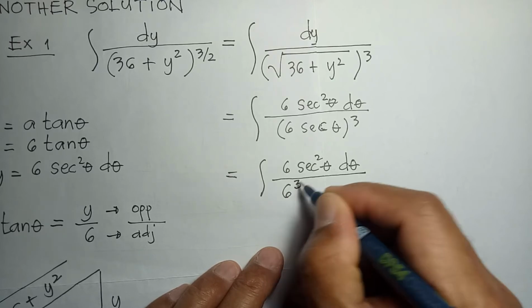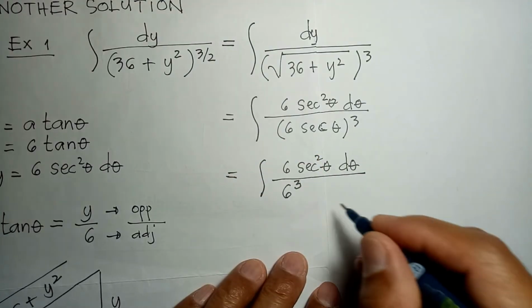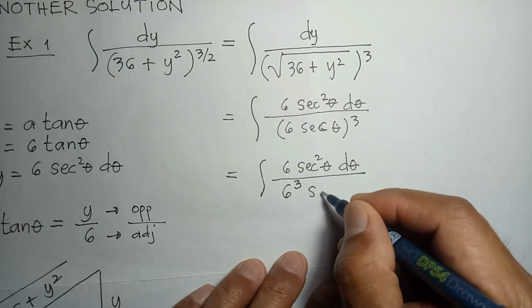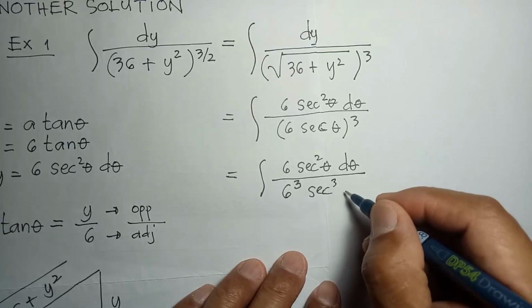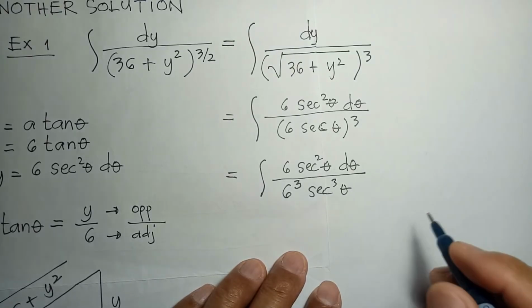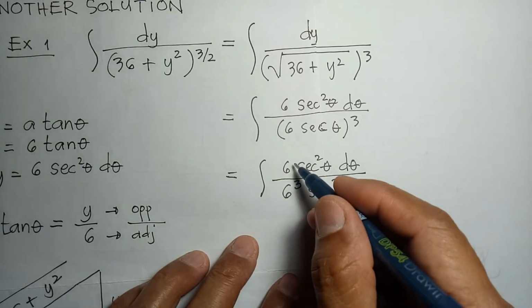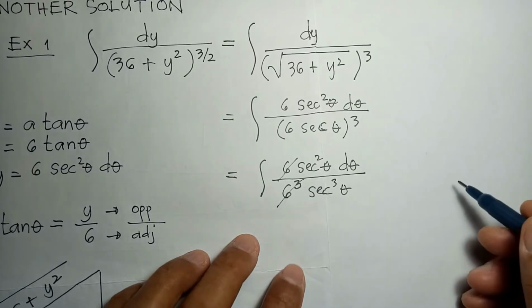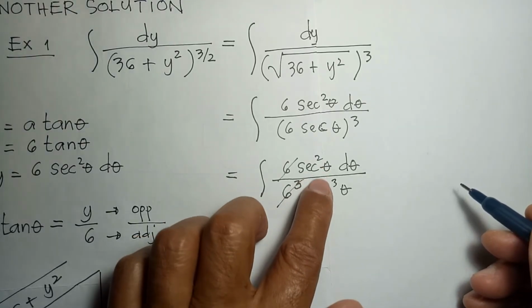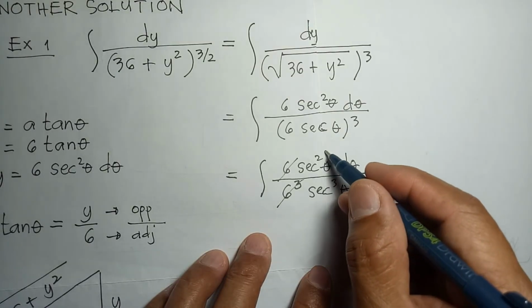Secant raised to 3. So, magkakaroon tayo ng secant cube of theta. Okay, so cancel ngayon na yung isang 6. Cancelin natin yung secant squared theta.